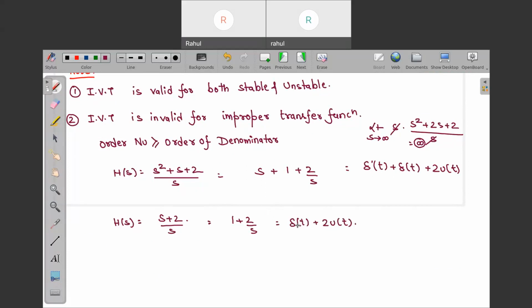Again, if you put t equal to 0, this will be infinite. And if you put the initial value theorem, limit s tends to infinity, s into (s plus 2) by s, the s gets cancelled, and s plus 2 again gives infinity. So initial value theorem is invalid for an improper transfer function.